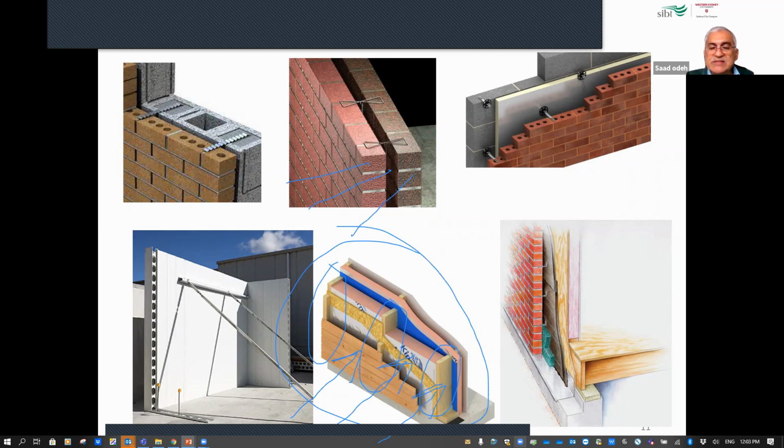So we have different materials at the same layer. And therefore, some of the thermal resistances here will be in series, while others are in parallel. I'll clarify this in the coming slides.